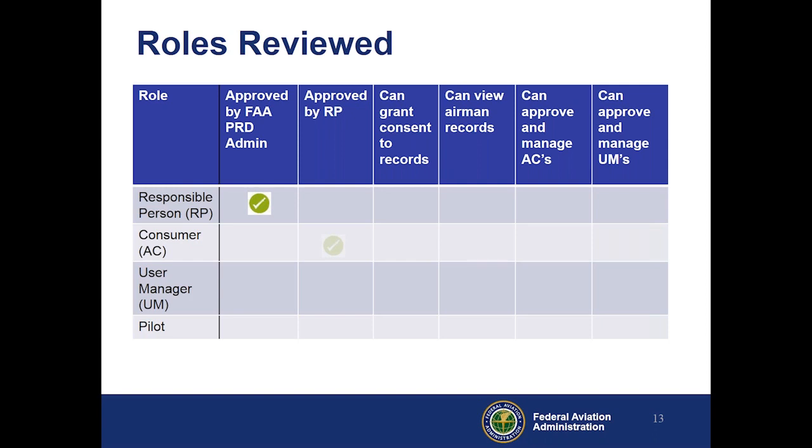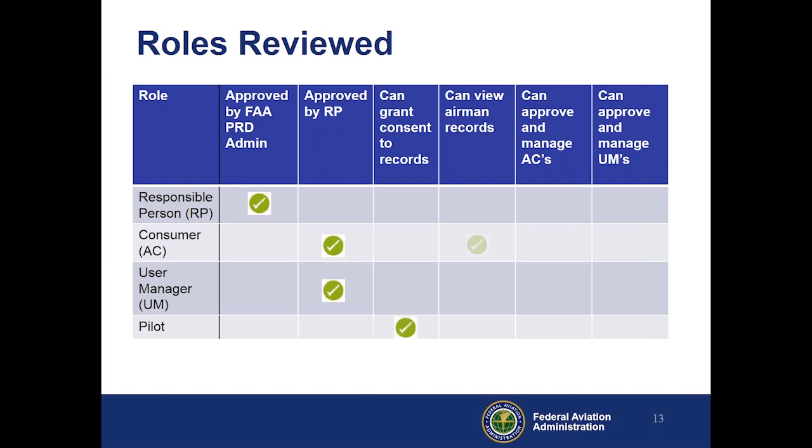So the next question to the right is, which of these users is approved by a responsible person? Basically, the company handles it in-house. That's going to be the consumer roles, if you're going to add any of those, and it's going to be the user managers as well, if they're going to add those folks. Next question is, who can grant consent to their records?